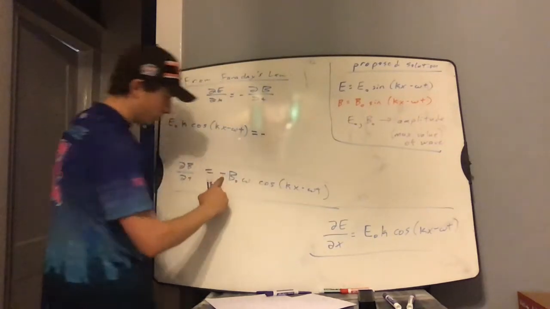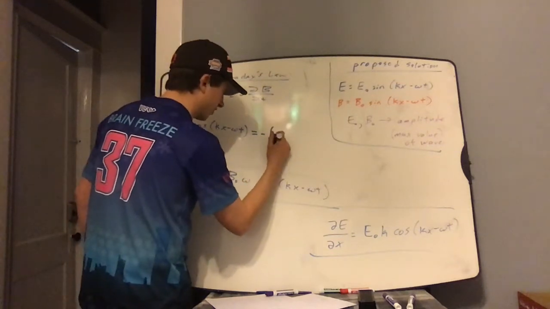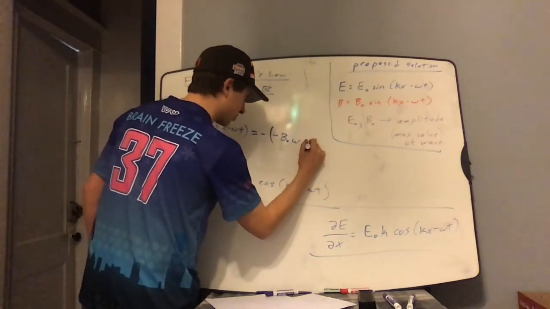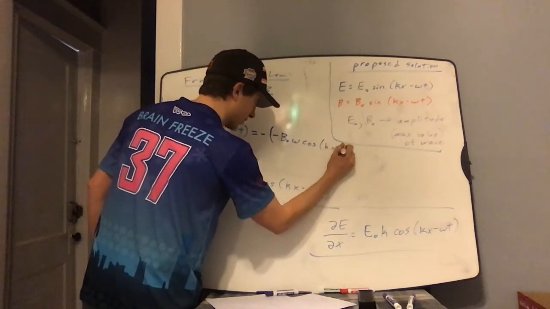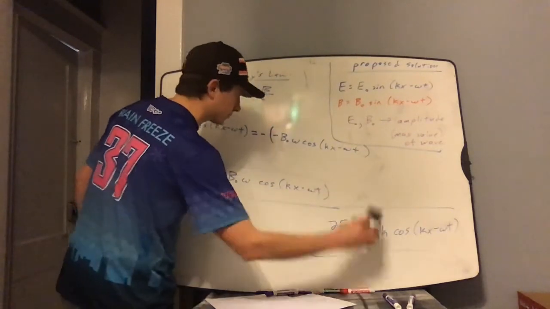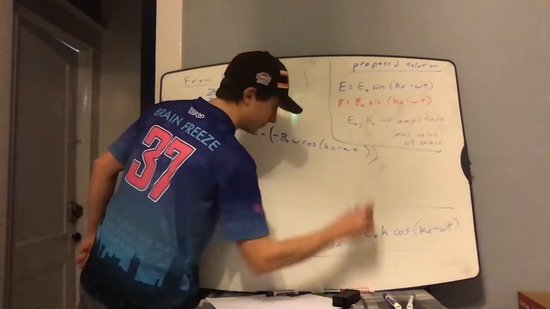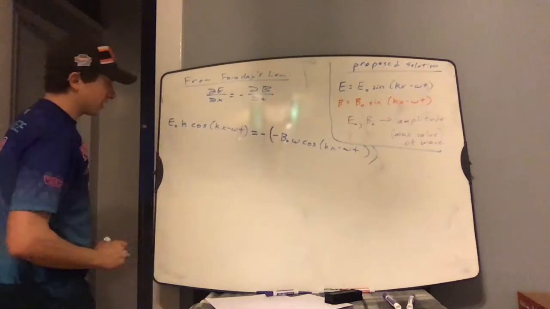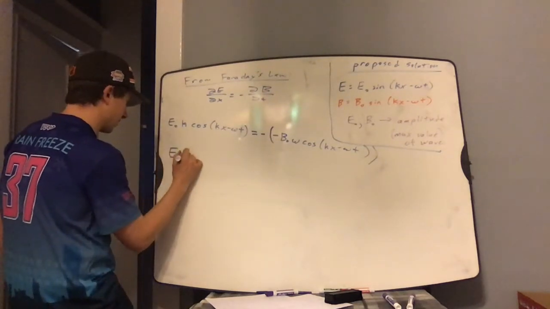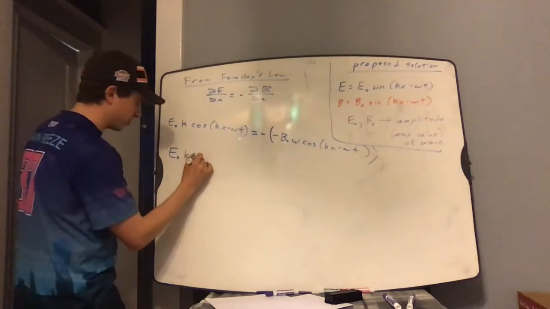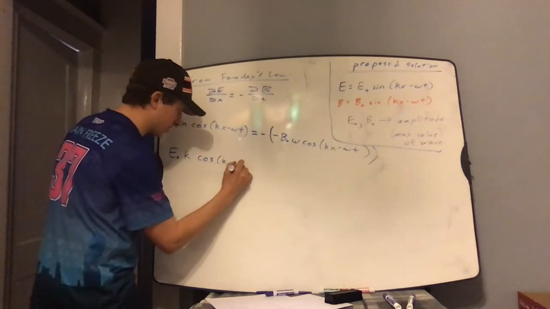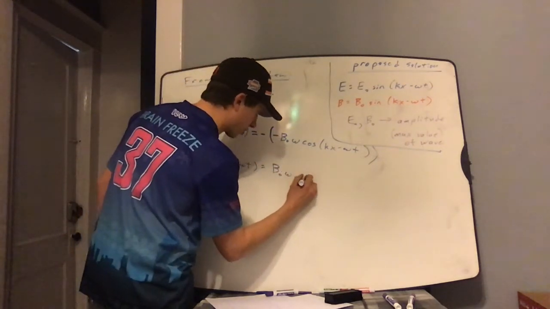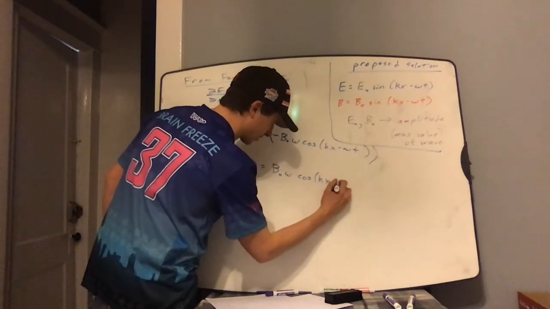I have another negative there, so I'll do parentheses, this negative B naught omega cosine kx minus omega t, and then close that parenthesis. Now the negative and negative cancel, so I get E naught times k, the magnitude of the electric field, cosine kx minus omega t is equal to B naught omega cosine kx minus omega t.